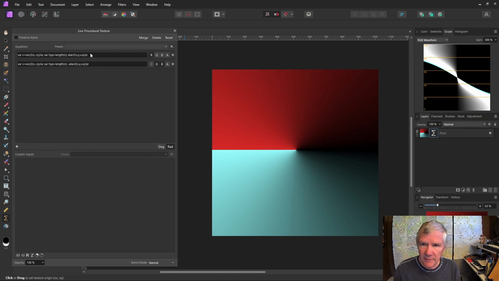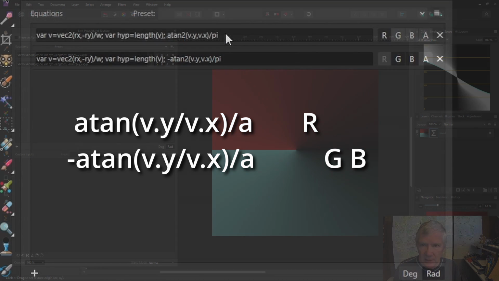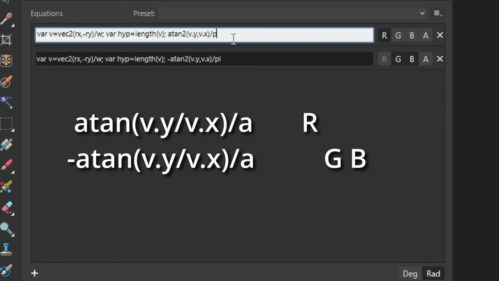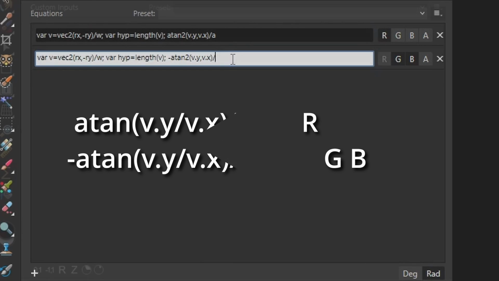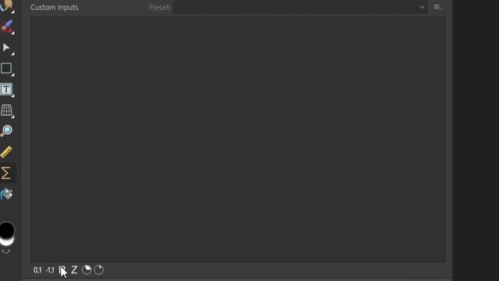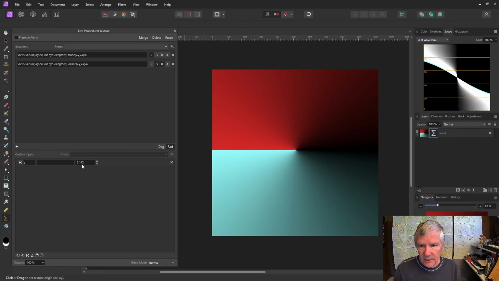So depending on if I'm using radians or degrees, I could switch this back and forth. I could make this a custom input, so let's just do that. I'll set these both to A and add a custom input down here. And then I can actually type in the value pi down here, and it will put in 3.142 for a value of pi for this.